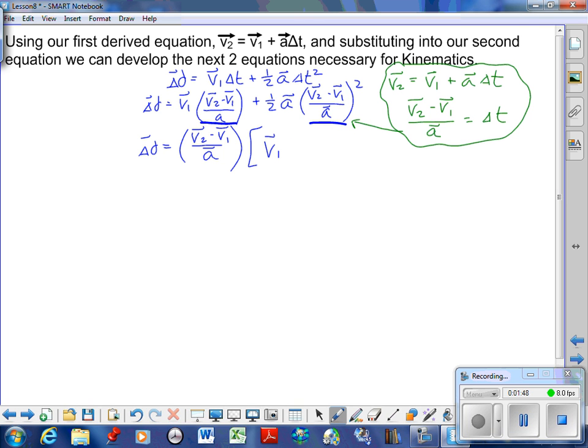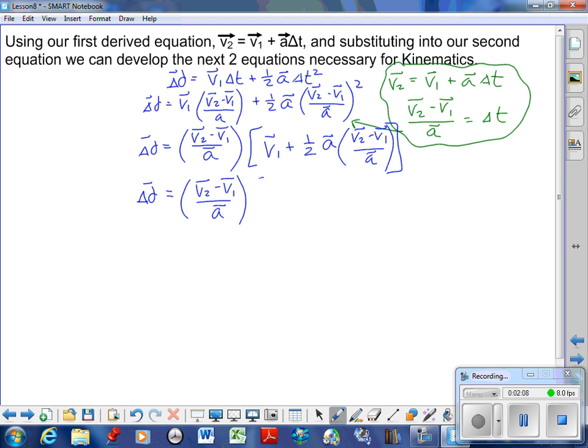I've got a V1 plus 1/2 A, and then I still have one V2 minus V1 over A, and it's no longer squared. Cleaning that up a bit, I'll have V2 minus V1 over A, and inside, the A's cancel, which is kind of nice. And I'm left with V1 plus 1/2 V2 minus 1/2 V1.